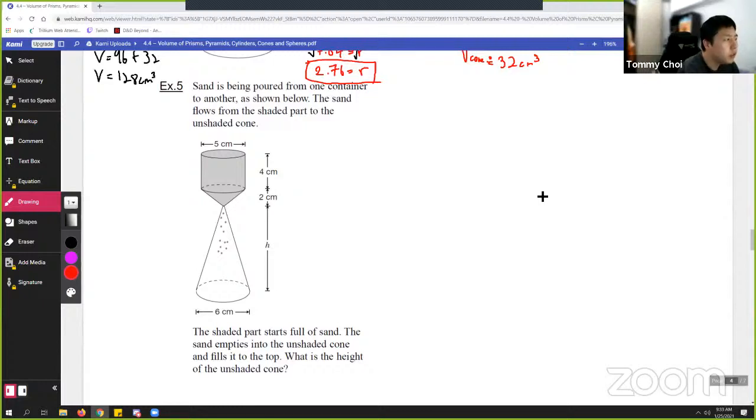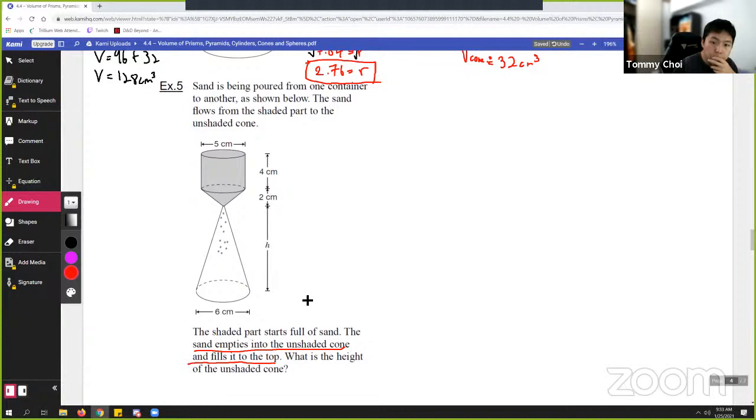So, the important part of this question is this sentence: and fills it to the top. What does that mean?